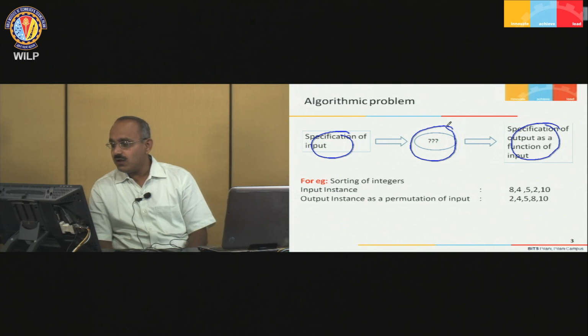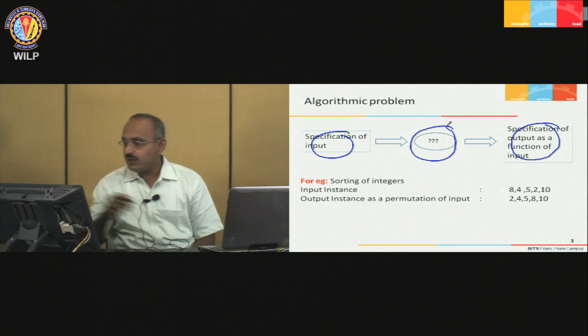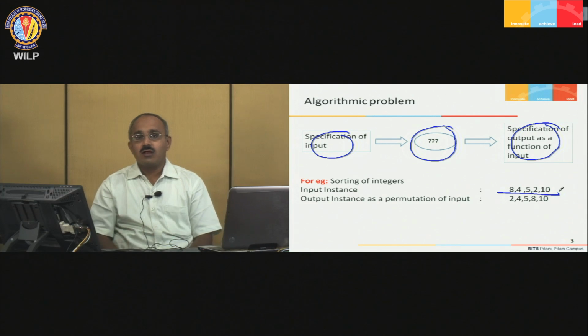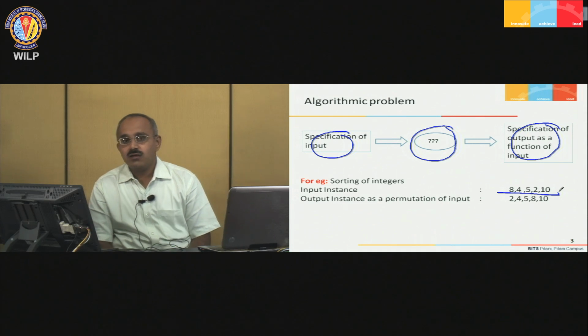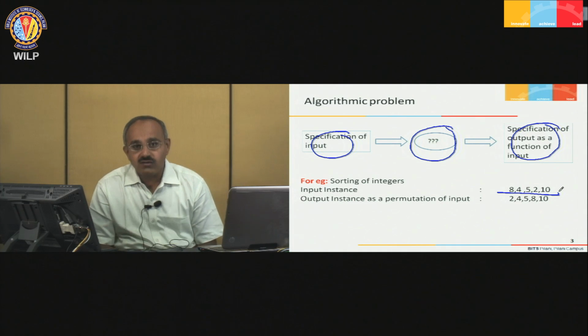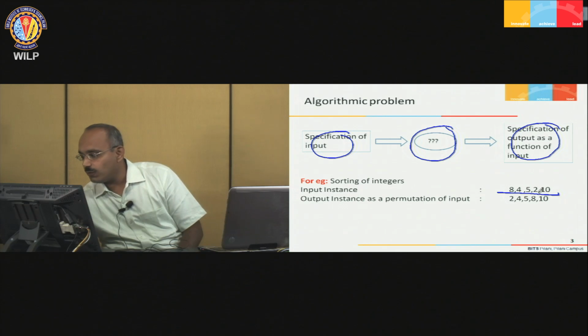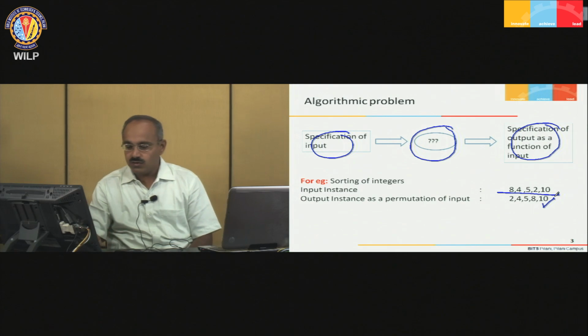For example, your input sequence here is an arbitrary sequence in an unsorted manner, and the output that we expect is a permutation of this input which is in increasing order. Right. So, if you notice, the output that we want is in increasing order.